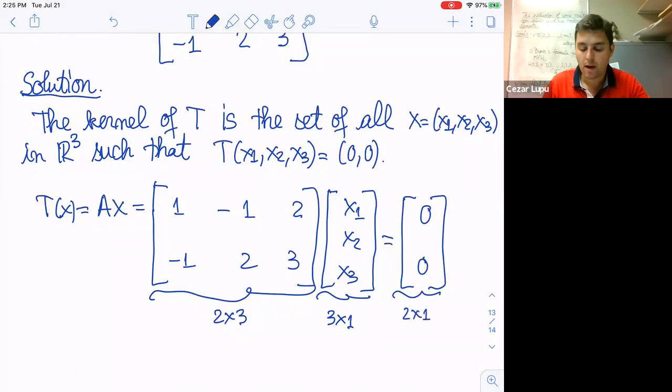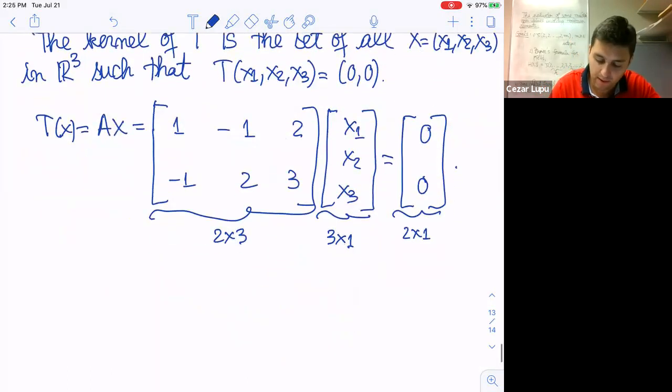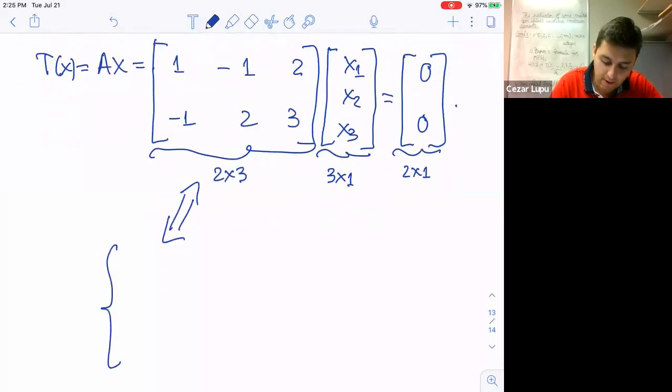All right. And now let's multiply this. Once we multiply everything together, because I have 0, 0 here, this translates into this 2 by 1 matrix 0, 0. So this is equivalent to the following system of linear equations.